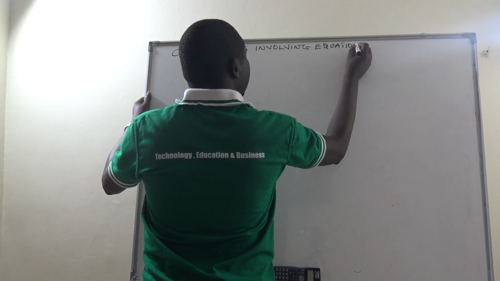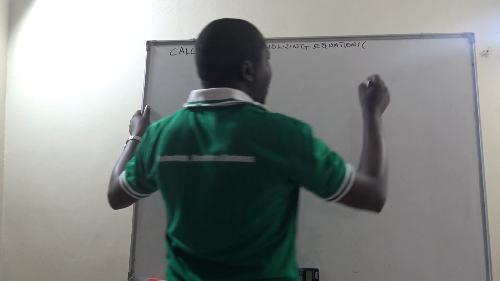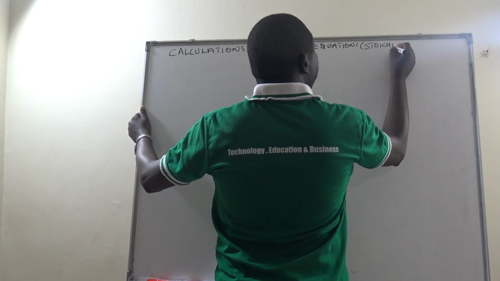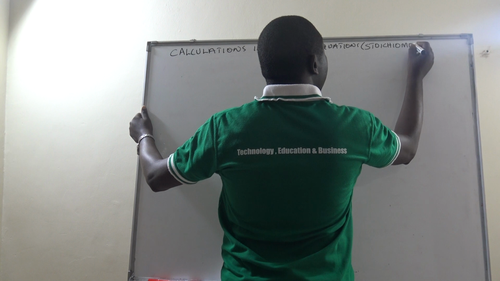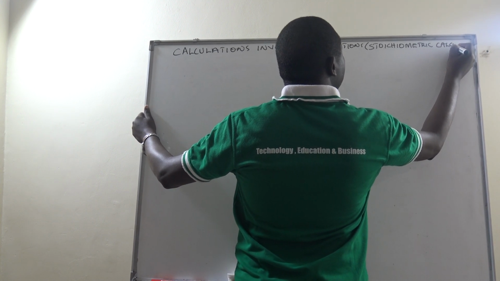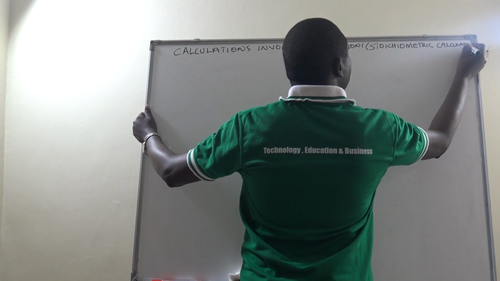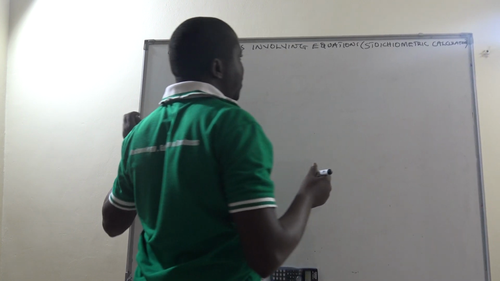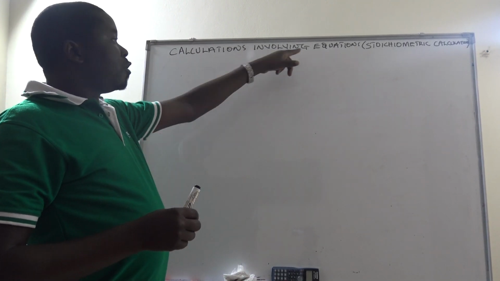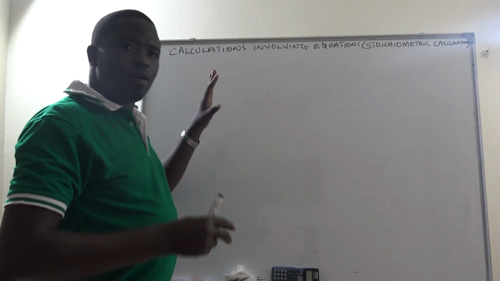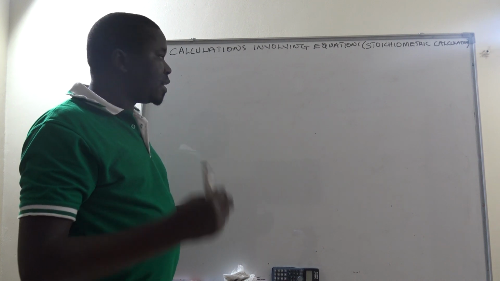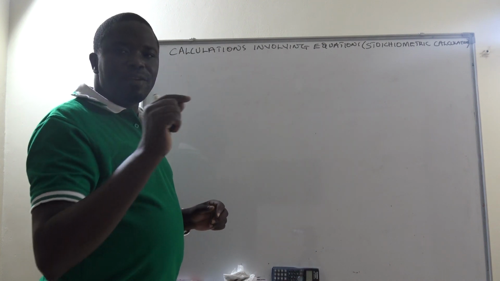And these calculations are called stoichiometric calculations. Actually, these are calculations in which an equation is involved. Either it is given or you are supposed to write an equation for the reaction that took place, and then you use that equation in your calculation.